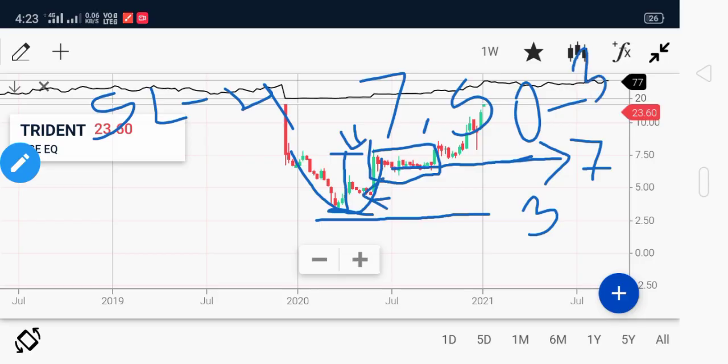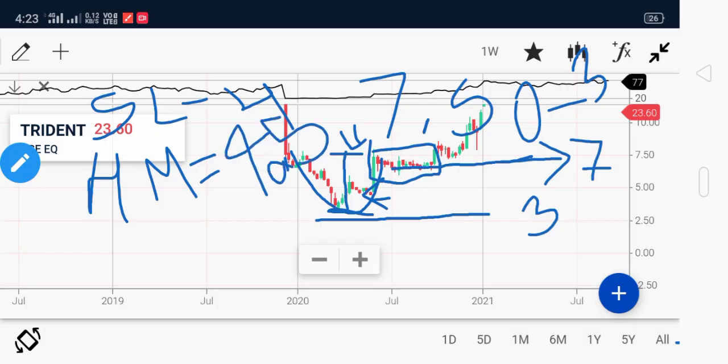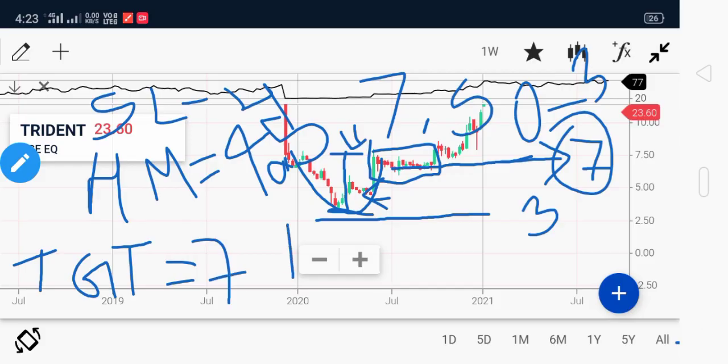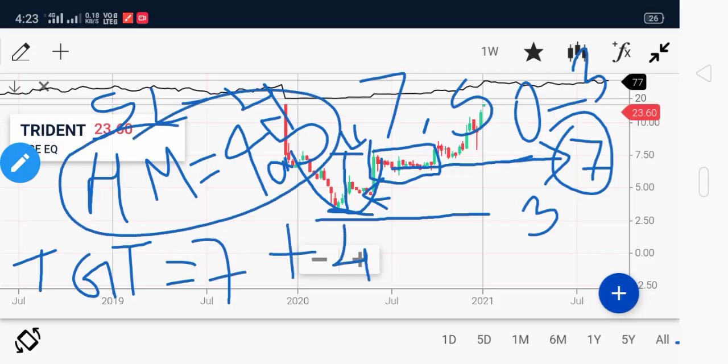The half moon is of size 4.5. So our target will be our buying price, which is 7, plus the half moon size, which is 4.5, which equals 11.5.